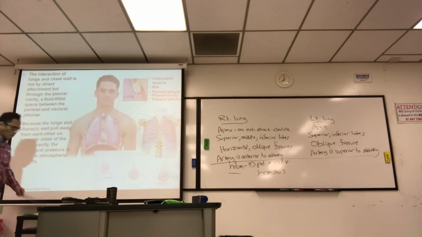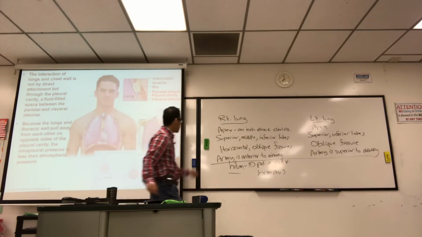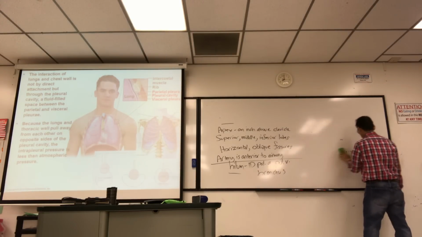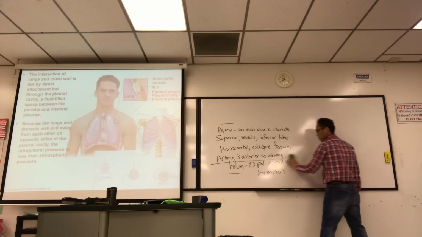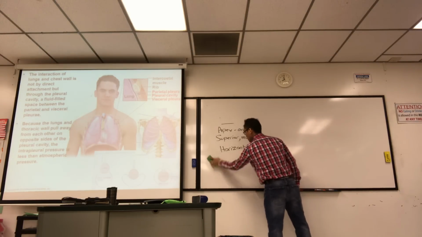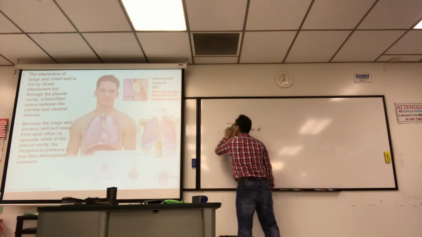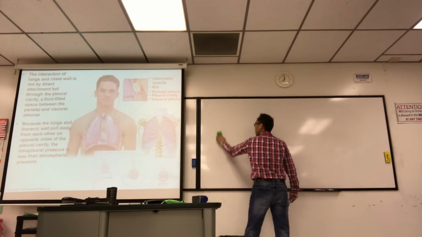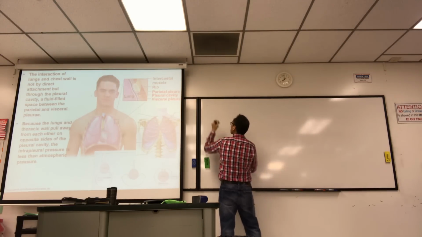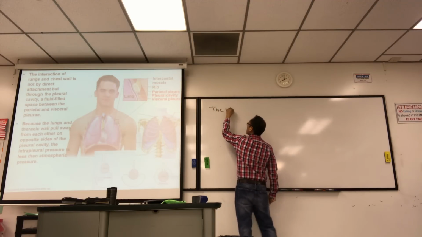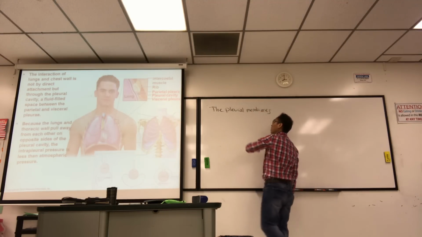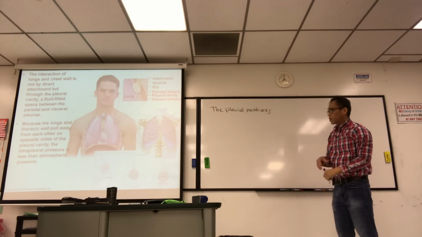So let's note the pleural membranes listed here. They're what's called the 3 P's of anatomy: the pleura, the pericardium, and the peritoneum.